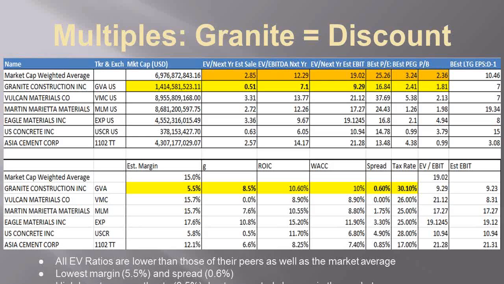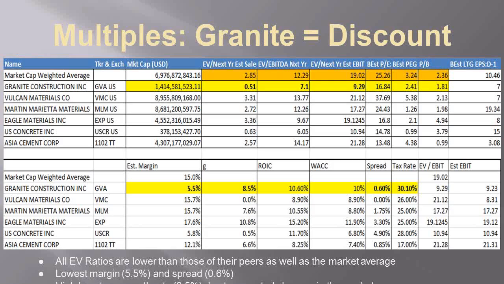However, even with that taken into account, the 0.51 and 7.1 for the two EV ratios are actually pretty abysmal. So these results we say are justified by the margin of 5.5% and the spread of 0.6%.